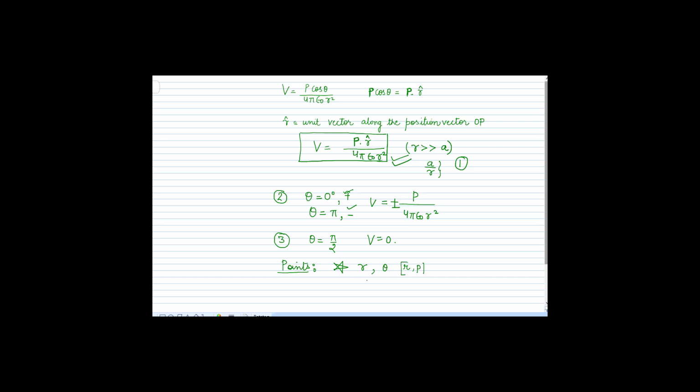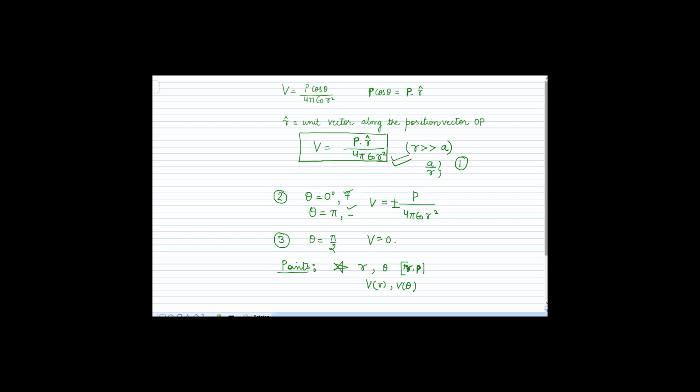So V is a function of r as well as a function of theta. Theta is the angle between the position vector r and the dipole moment p of the dipole.